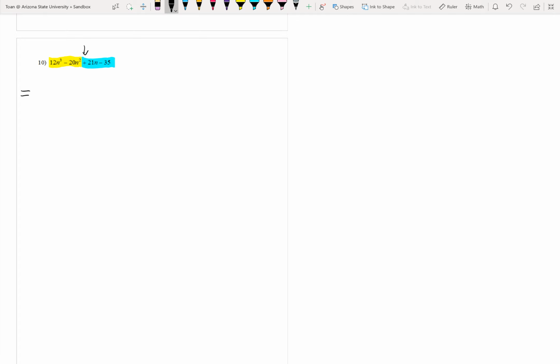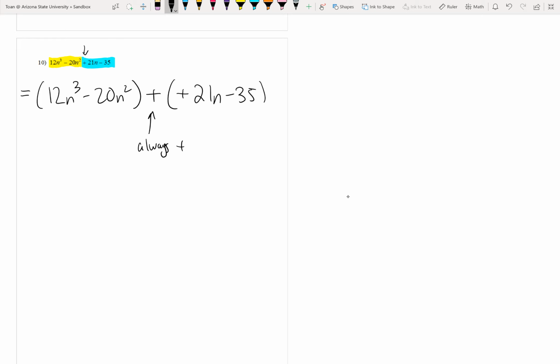So when I rewrite this, I'm going to write it as 12n cubed minus 20n squared plus 21n minus 35. You always put a plus here, and then this minus symbol came from the original problem. So just keep that in mind.